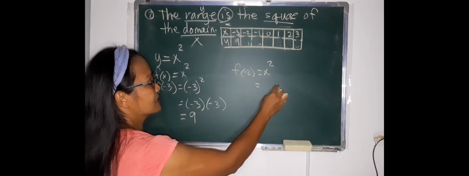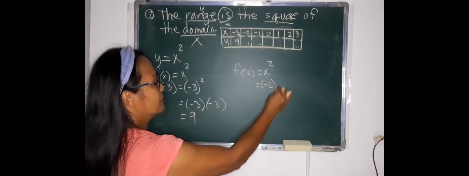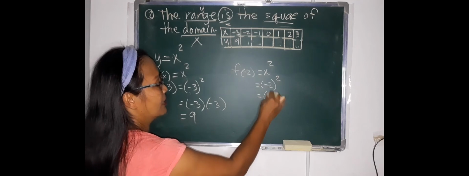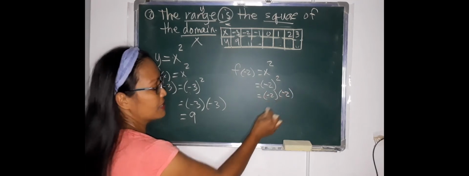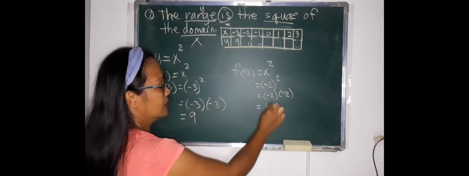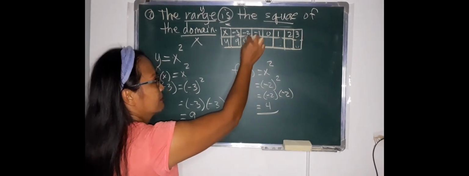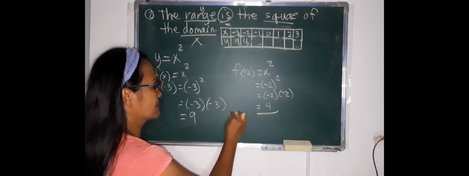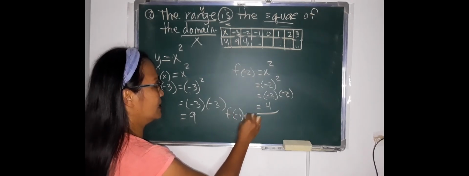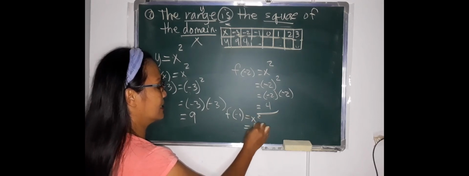Next, how about f of negative 2 is equal to x squared. Sa lahat ng x, palitan ng negative 2 squared. So, negative 2 times negative 2. Negative times negative, positive 2 times 2, 4. So, it is 4. Next, negative 1. F of negative 1, x squared.